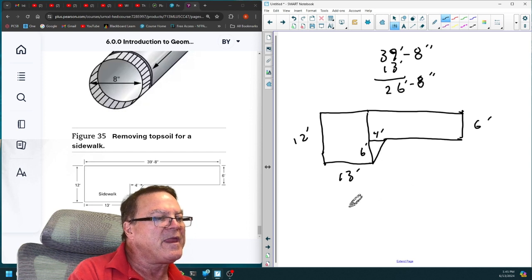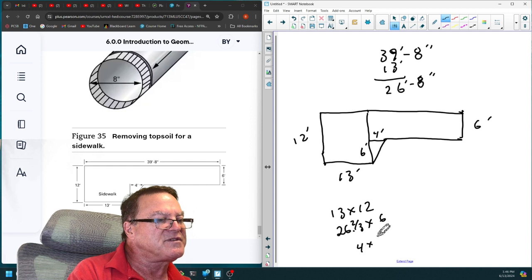So we're going to do 13 times 12, and we're going to do 26 feet 8, which is 26 and 2/3 times 6. And then we're going to do 4 times 6 divided by 2.